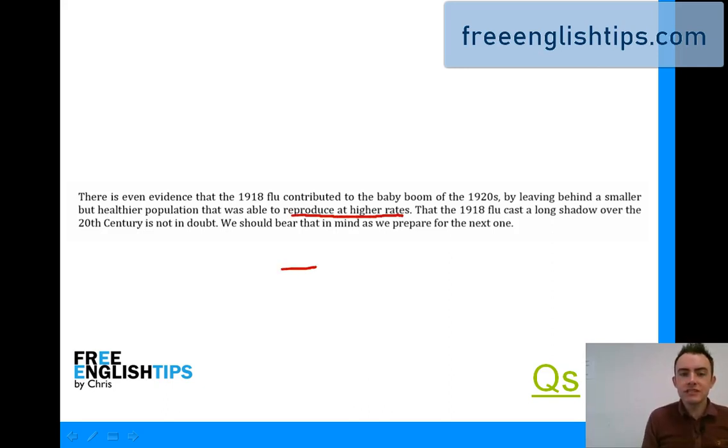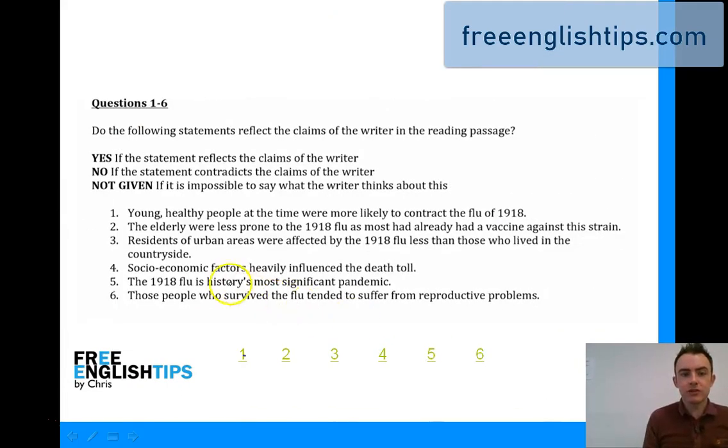So this is contradictory. It's the opposite of what we find in the question. The question says those people who survived the flu tended to suffer from problems. Well, that's not the case. They were actually more successful when they were reproducing. So the answer to this question is no. Is that clear? All right, let's move on to question 7.